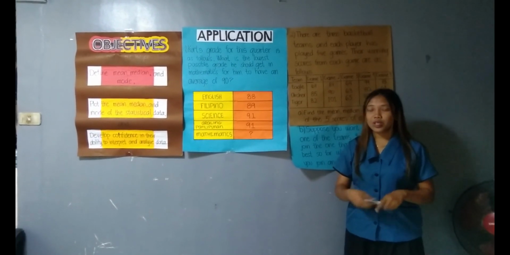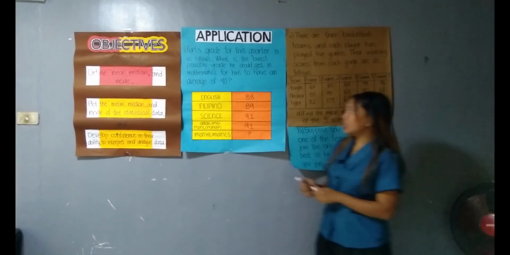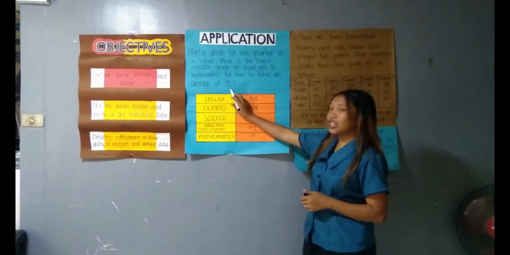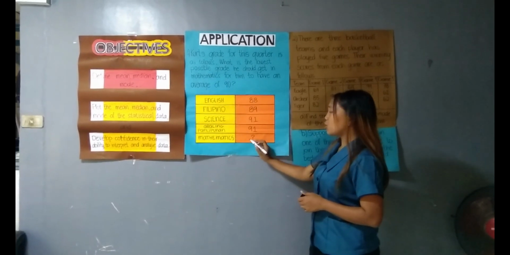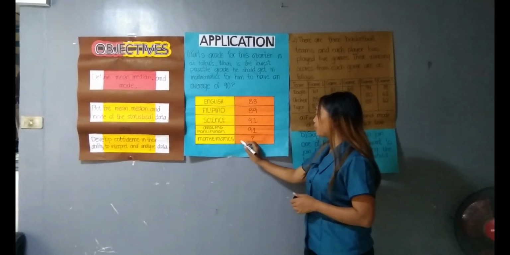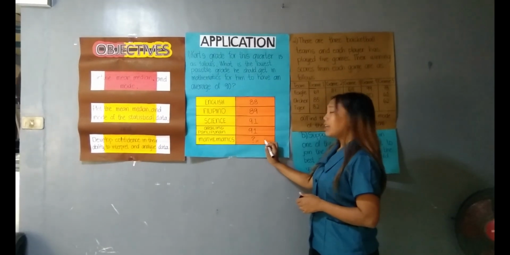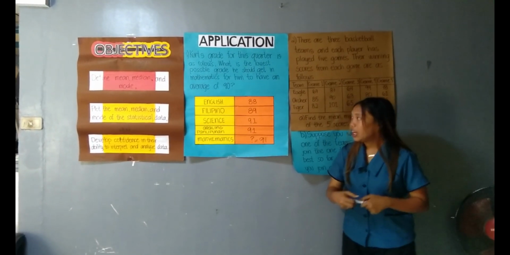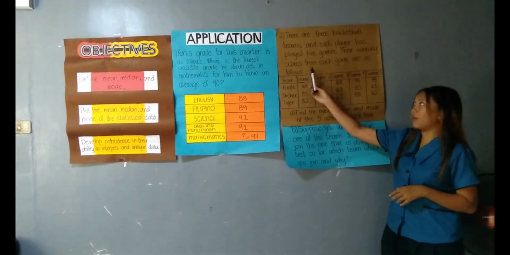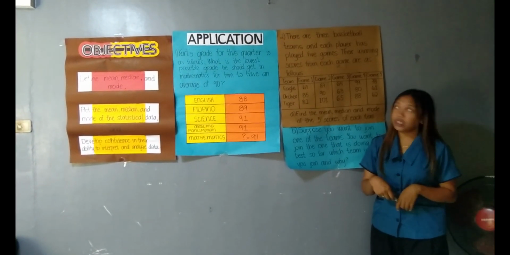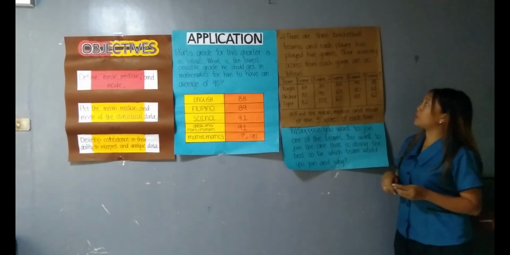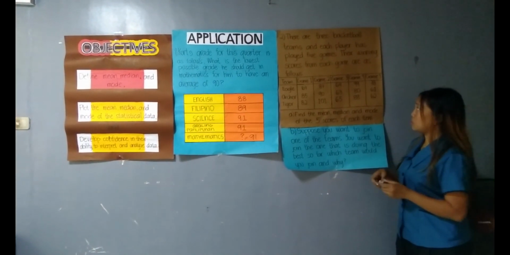So, K. Very good. So, para makagain siya of 90 nga average, he should have a score of 91. Very good.